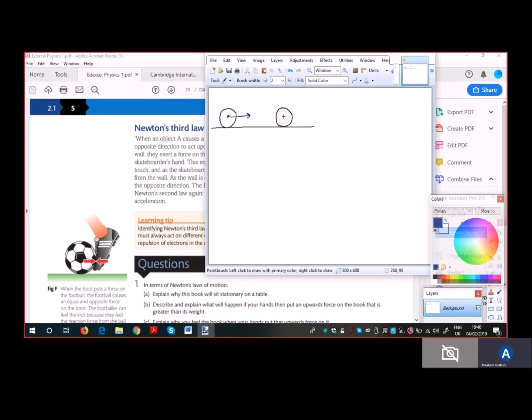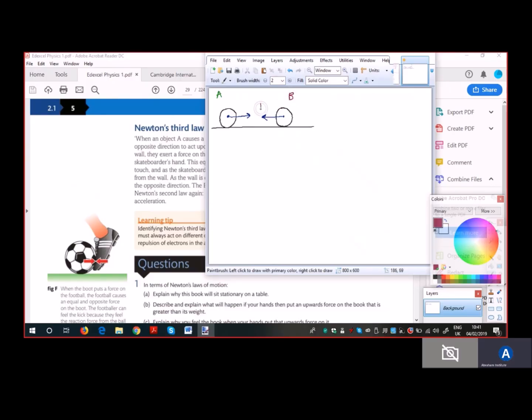The arrow I am drawing here is the gravitational force exerted on this body by the other body. Let's call this one A, and the other one B.